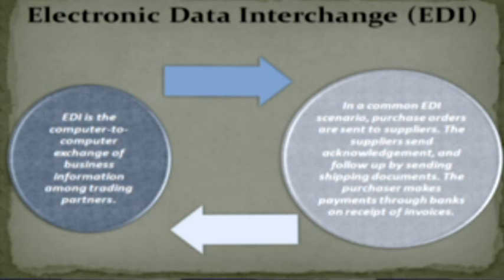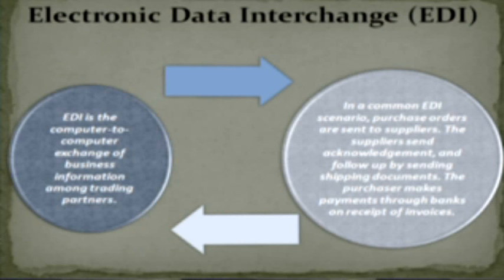Now, what is EDI? EDI is electronic data interchange. It is one of the sources which is very popular in exporting and importing at an international level. It is basically interchanging information computer to computer, that is, exchanging business information amongst trading partners. Firms share their ideas, share documents, and at the same time there are clauses also.